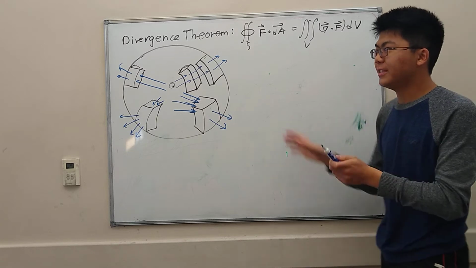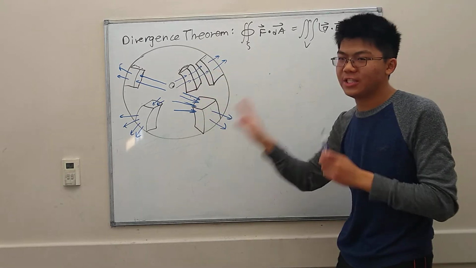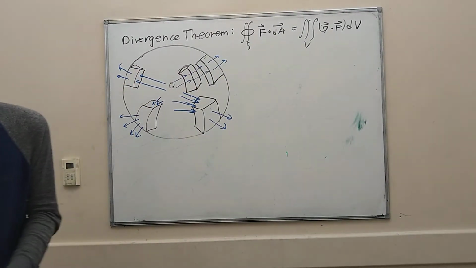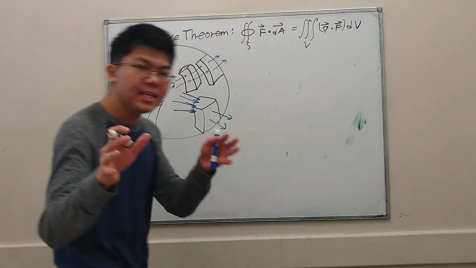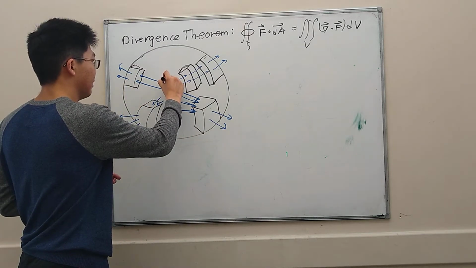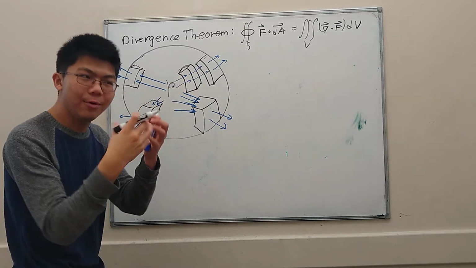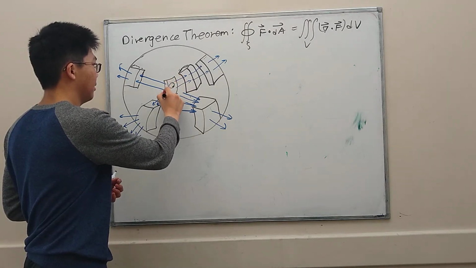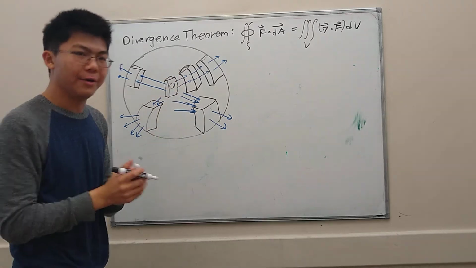So, now that I've talked about this, I can start to discuss divergence. In this case, in the little spot in the center of the sphere, let me put a little infinitesimal box around it too. There we go.